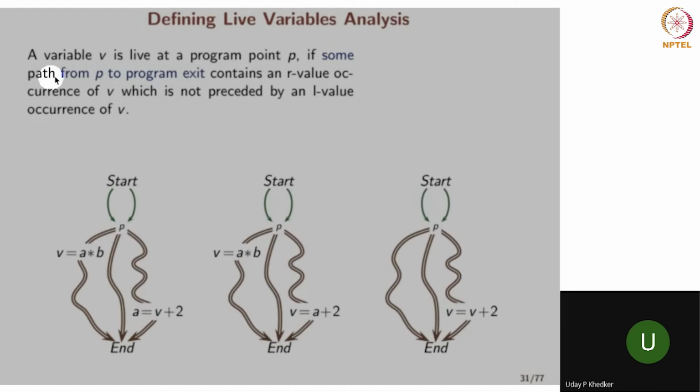We are not necessarily insisting that the required property must be satisfied by every path. We're simply saying if there is some path, we are happy with it. And we will see the reason why we do so. And finally, what is the property of the path that we are talking about? We're talking about an R value occurrence of V, which is not preceded by an L value occurrence of V.